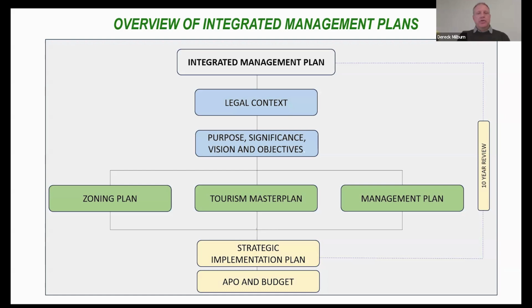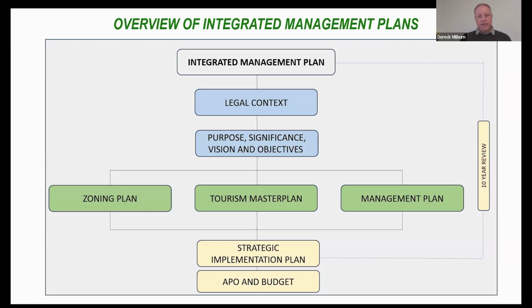Then there are really three components to the IMP, which start bringing more action projects and programs into place. So it's the zoning plan, which really determines what you can do where, and I'll talk about that shortly. It talks about your tourism master plan in terms of how you utilize the reserve from a tourism point of view.